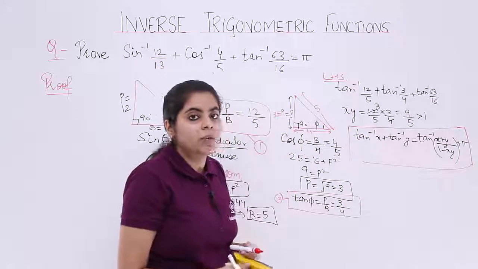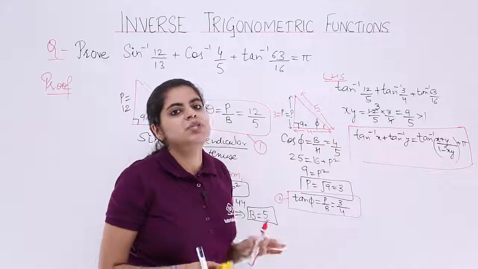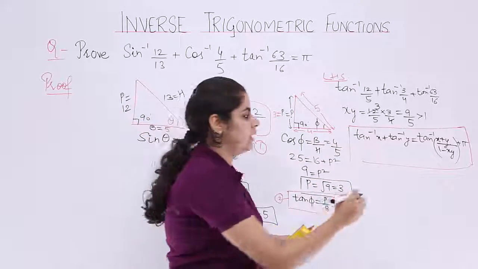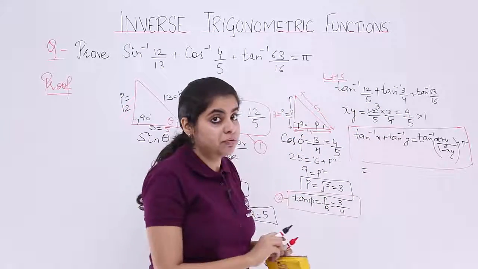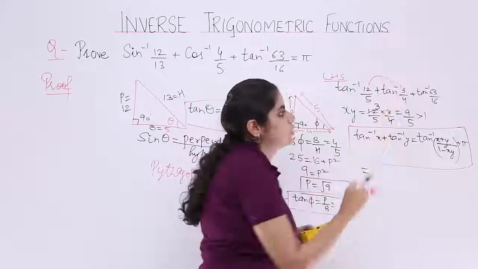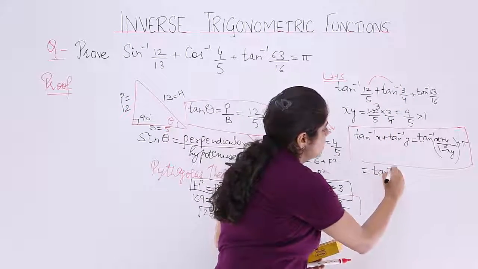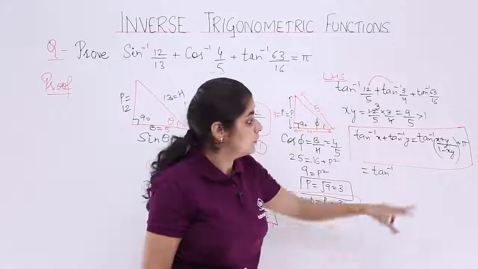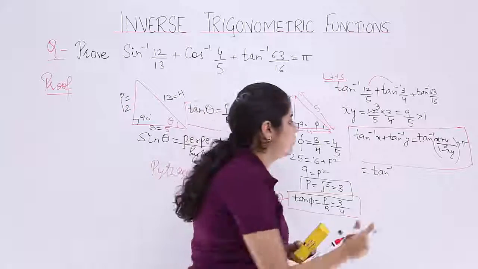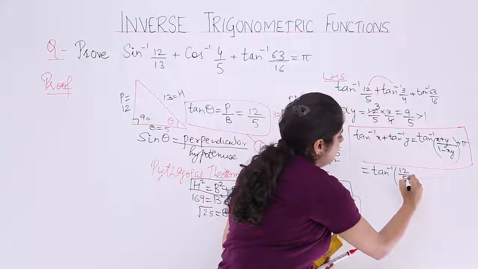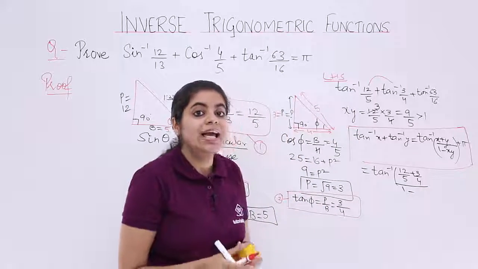Now xy is found out, only substitution of values is left. Quickly, let's go about solving. Let's apply the formula on the first two terms. It is tan inverse of x plus y, that means 12 upon 5 plus 3 upon 4, upon 1 minus x into y.